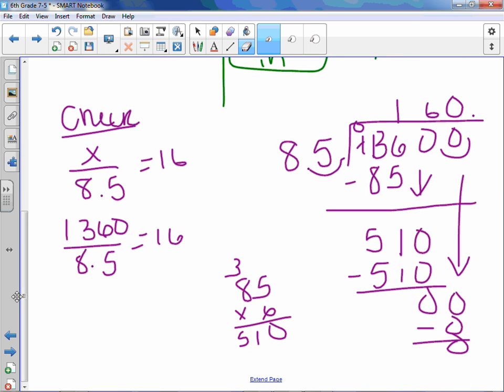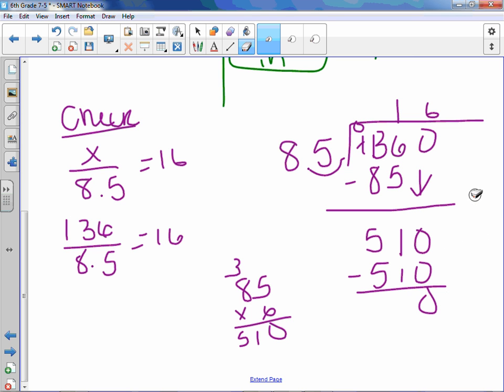And if we originally had 136, this last 0 would not be there, because our decimal point would have been here and moved over.